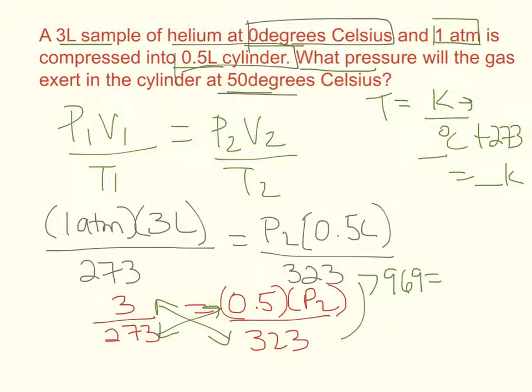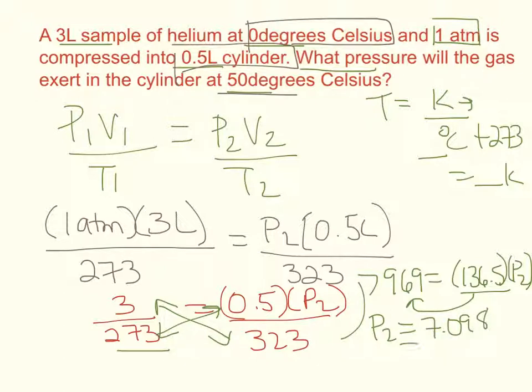And then I have 273 multiplied by 0.5 gives me 136.5, but it's still going to be multiplied by that second pressure because we haven't isolated for that yet. So now I'm going to isolate for my second pressure by moving my 136.5 across the equal sign, and that becomes a division. So P2 is actually equal to 7.098, and if we're going to keep it to 2 decimal places, our second pressure is 7.10 atmospheres.